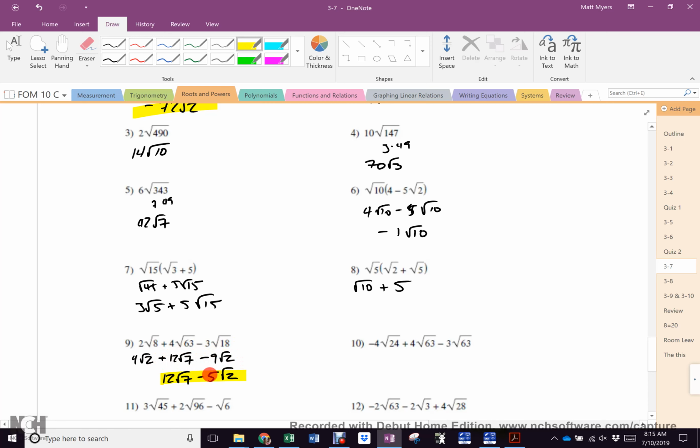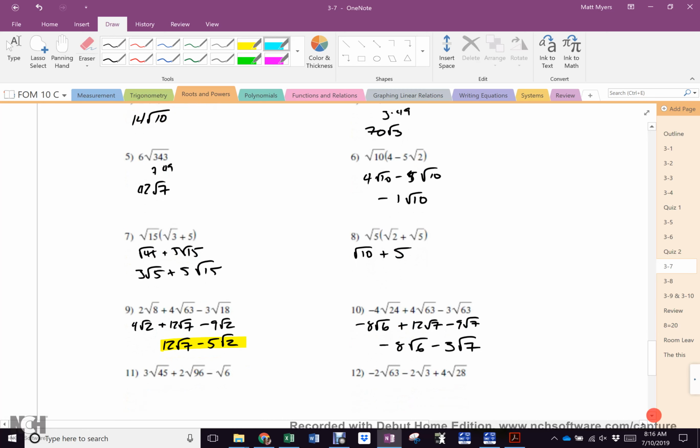And of course, order there, you could have negative 5 root 2 plus 12 root 7. That is 4 times 6 is negative 8 root 6 plus 12 root 7 minus 9 root 7. So that's negative 8 root 6 minus 3 root 7.